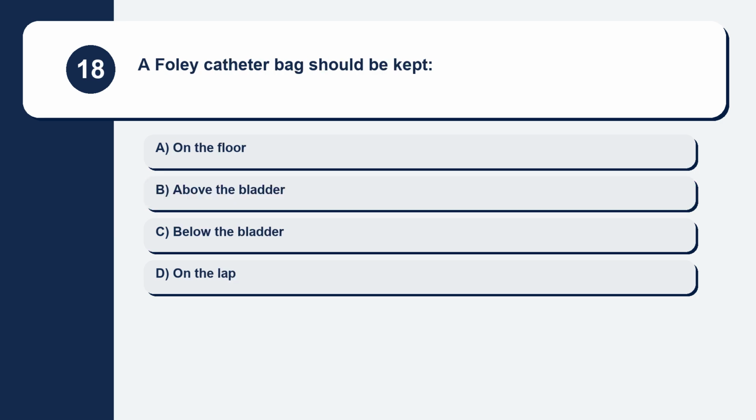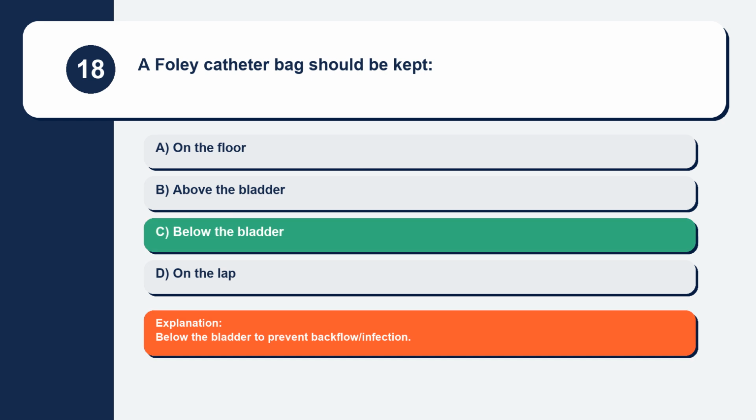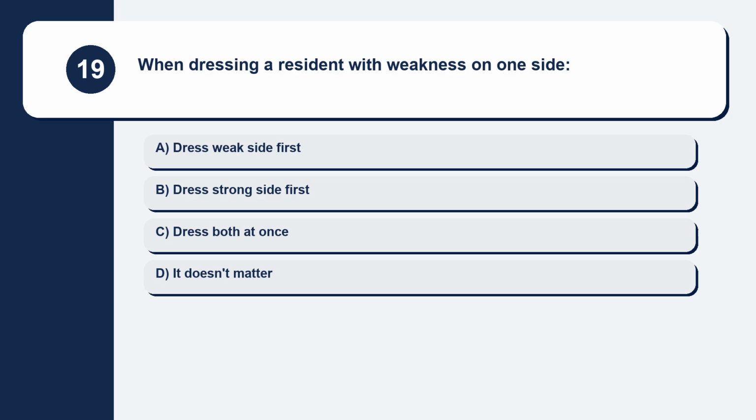Question 18. A Foley catheter bag should be kept on the floor, above the bladder, below the bladder, on the lap. Below the bladder to prevent backflow and infection. Question 19. When dressing a resident with weakness on one side, dress the weak side first, dress the strong side first, dress both at once, it doesn't matter.